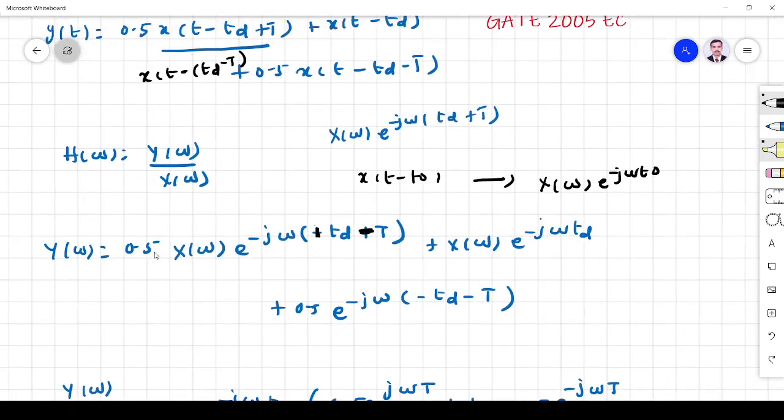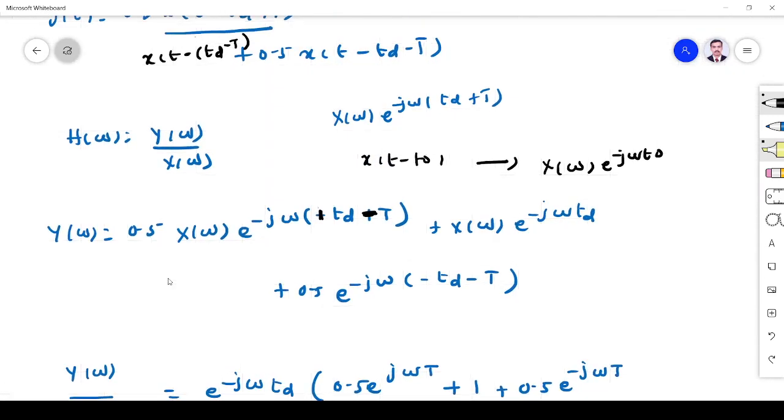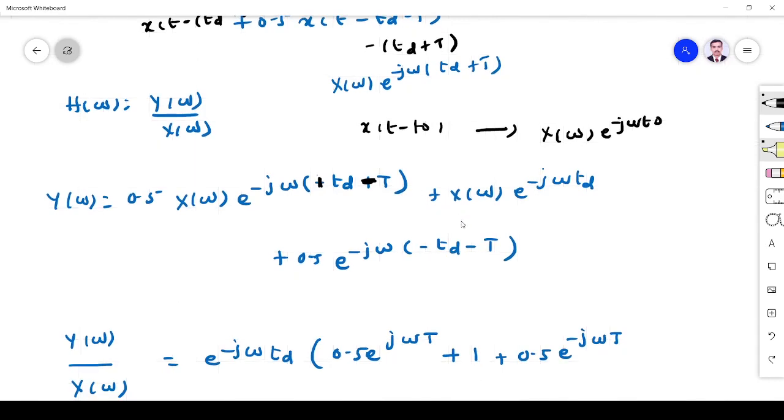Similarly here I can write it is x of omega, minus td plus t, sorry, td plus t.